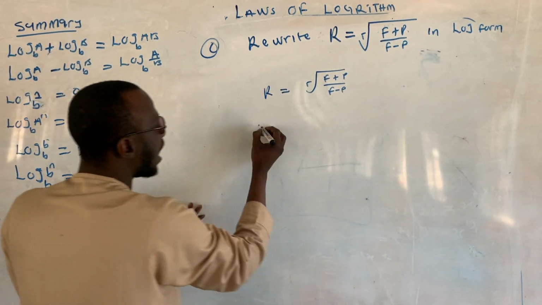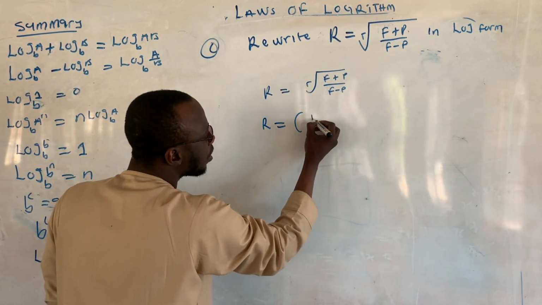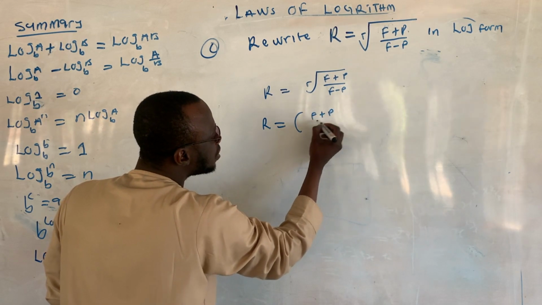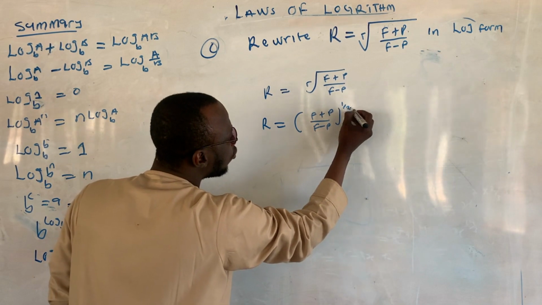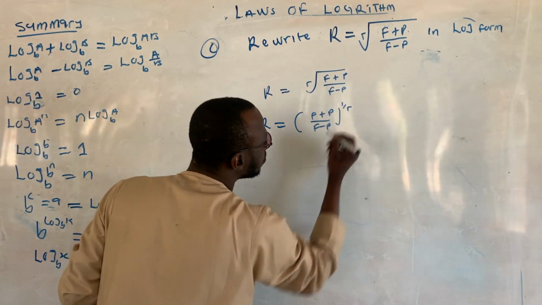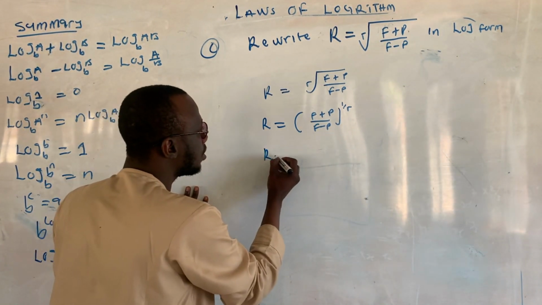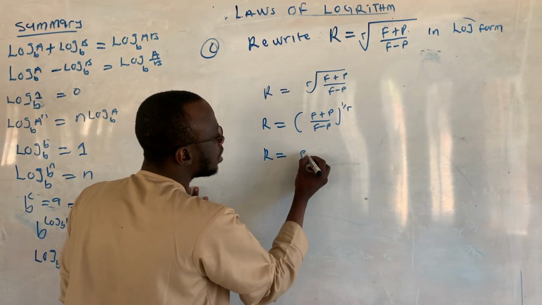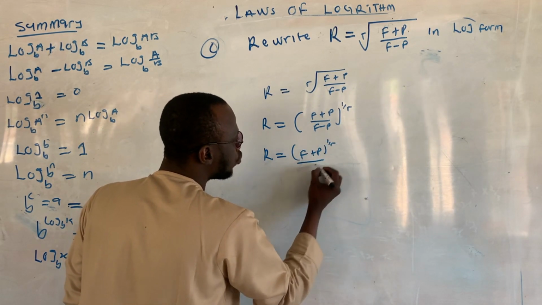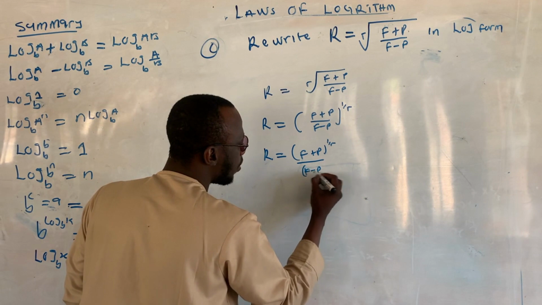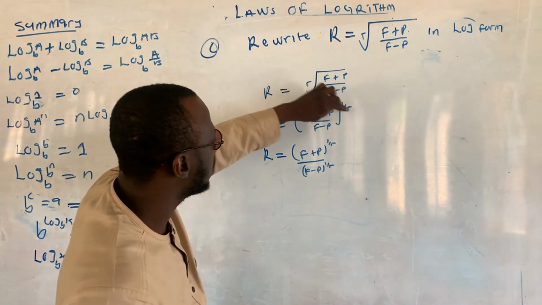Now we see r equals all in bracket (f plus p) all over (f minus p), all to the power of 1 over r. So r equals (f plus p) to the power 1 over r, over (f minus p) to the power 1 over r, because this belongs to this.